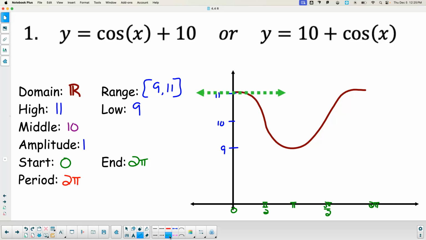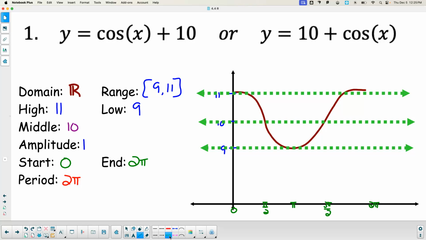So if you need to put in a high line, a middle line, and a low line, that's fine. You can do that, but they got to be dashed. Because if they're solid, we're going to look at them like they're an axis. If you choose not to do that, that's totally up to you. I'm just giving you another way to make your high, middle, and low lines throughout there.